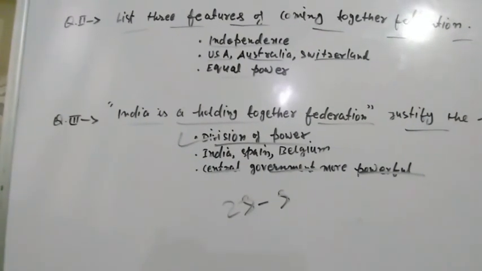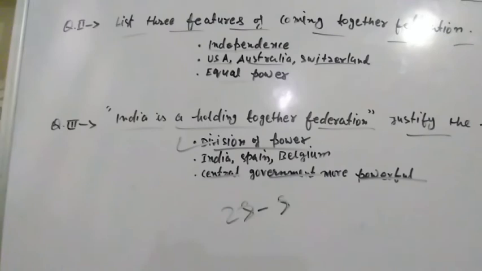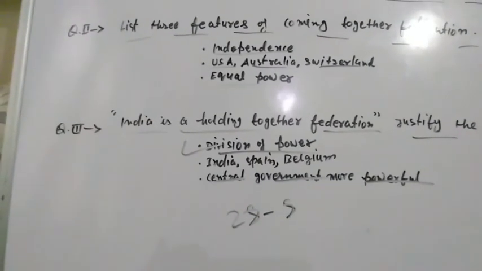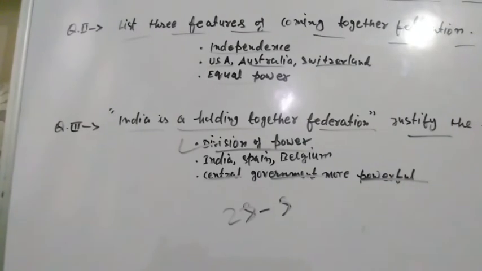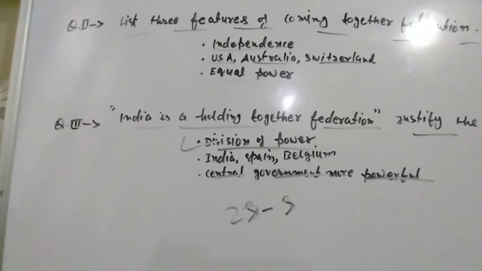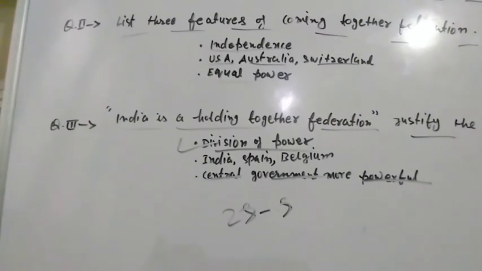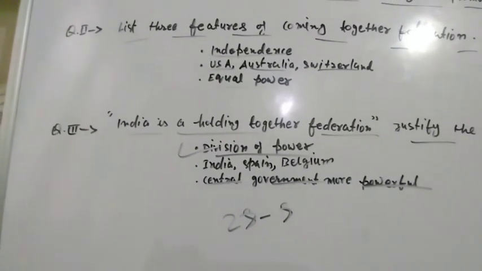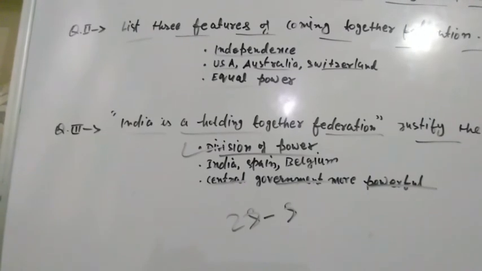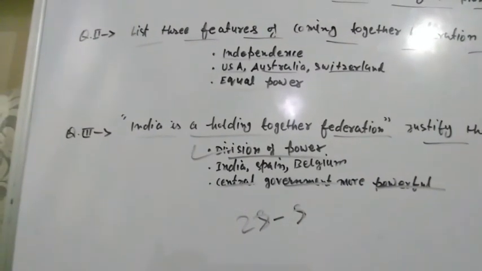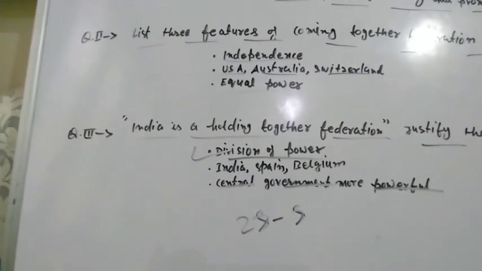India is a holding together federation because India has divided its power between central government and state government for effective administration. Unlike coming together federation, in India, state government has less power in comparison to central government, and union territories also have less power in comparison to state government.